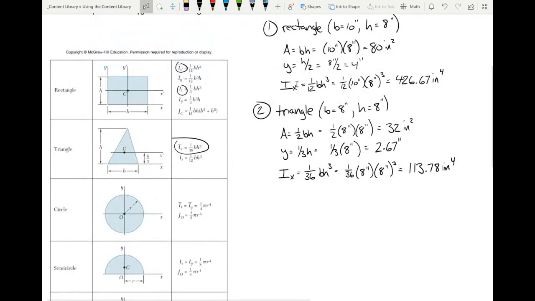Moving on. So again, you just keep doing this for each shape. The third shape is this semicircle, and the semicircle has a radius of 4. A couple of these properties should be pretty easy. First off, the area.